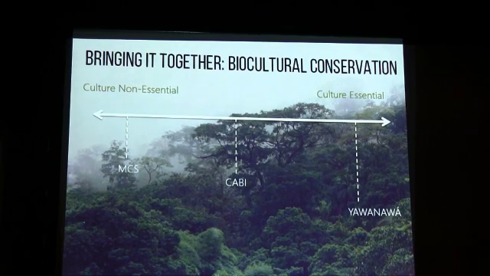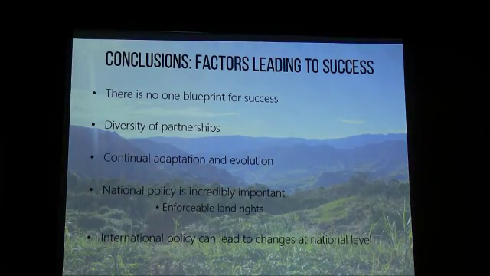In terms of biocultural conservation, again here we can see a spectrum from the Mediterranean Conservation Society, where culture really is not a driving factor, to the Yawanao, where it's central to the initiative. So we can see with co-management and biocultural conservation, there's really a spectrum of approaches that can be applied in different ways and in different manners.